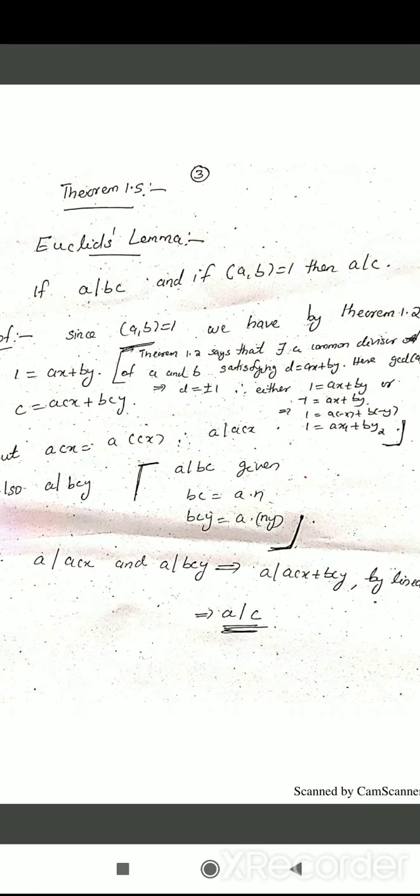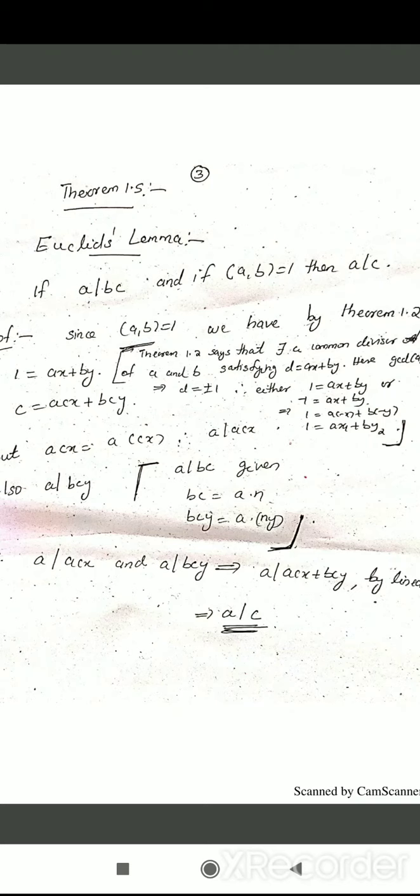Given that GCD(a, b) = 1, 1 is a common divisor of a and b. 1 is a divisor, and -1 is also a divisor. So the only non-negative divisor is 1. So by theorem 1.2, either 1 = ax + by or -1 = ax + by for some x and y, or both.